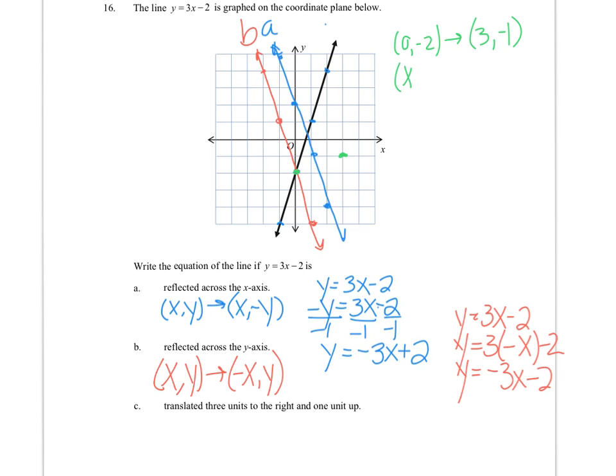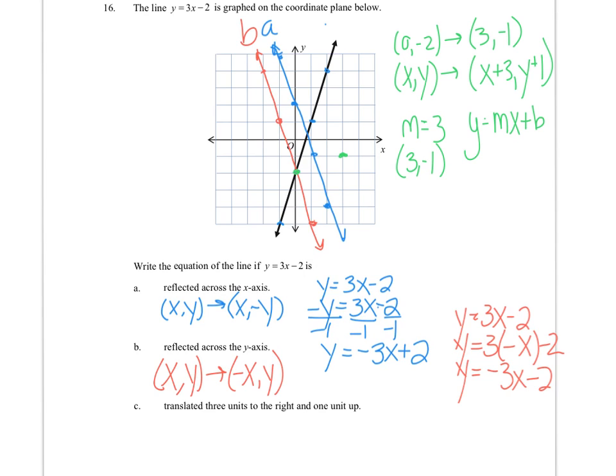We can also see this because any point (x, y) is going to become (x plus 3, y plus 1). Well, we know that by translating it 3 units to the right and 1 unit up, our slope is not going to change. Our slope is still going to be 3. We have y equals mx plus b, and I know one of my points is going to be (3, negative 1).